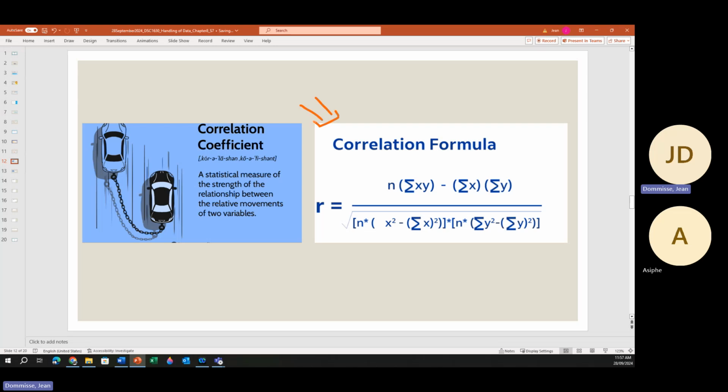But again, formula I would nearly use last, because we need to work out a lot of information if they don't give it to us. So if they give us information, then it's fine. So I will show you also how to work out the R.